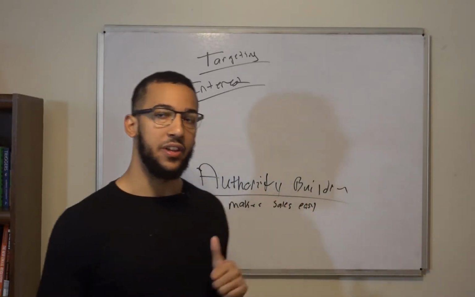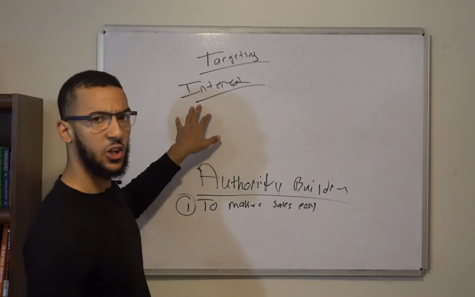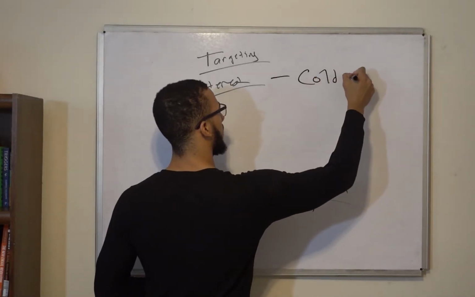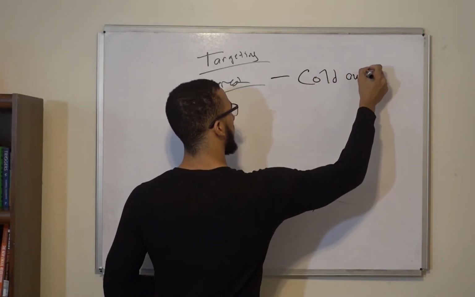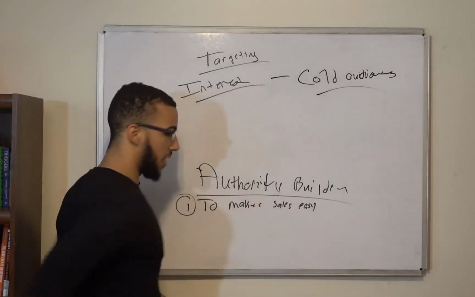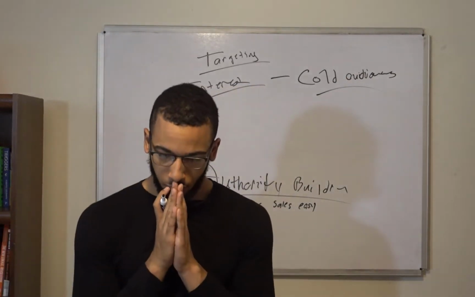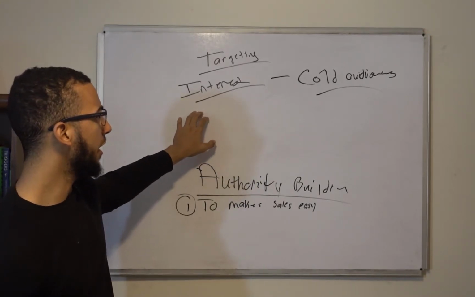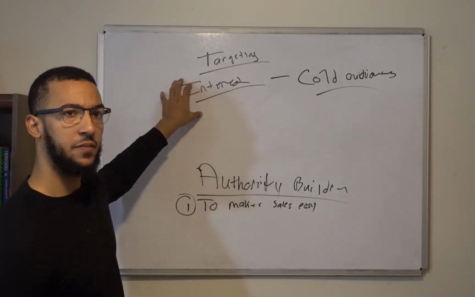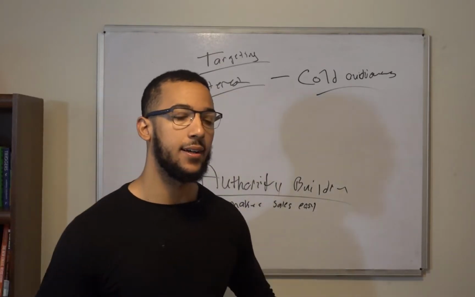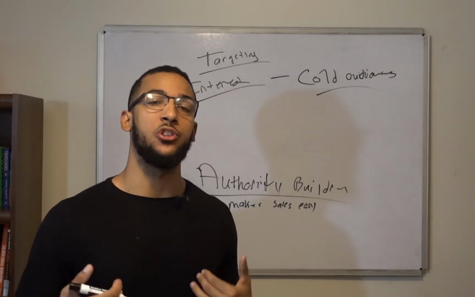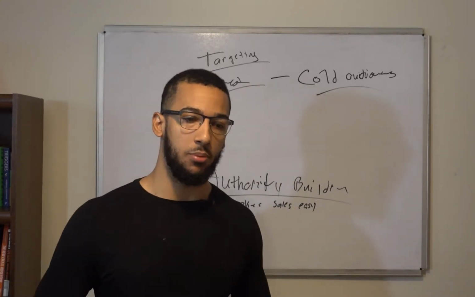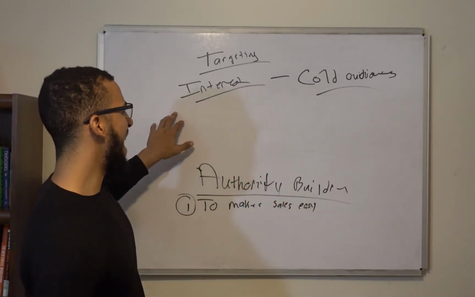And then Facebook gives you the option to target by interest, right? Now, the thing about this, which is why this is a little bit harder, we call this cold audiences. And the reason why it's cold is because while we target people who like specific interests, that does give them an opportunity or show us that they might be interested in our product, that is really all it shows.